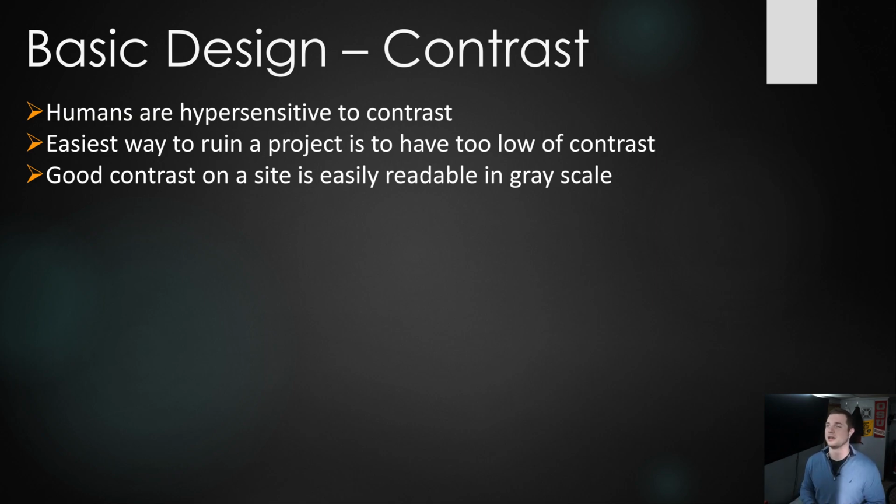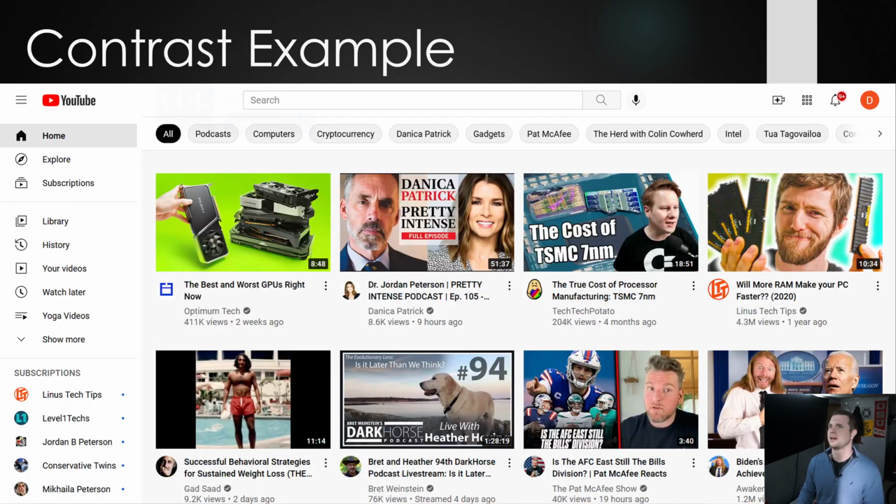Okay, so what we're going to do here is show you a handful of examples of what good contrast looks like, and then we'll go over how to check if you actually have good contrast or not. We're going to use YouTube as an example because it's a very good site in terms of contrast. This is basically a blank canvas. We have the white background, we have our black text, and then we have our images or thumbnails, whatever the creator is trying to display here.